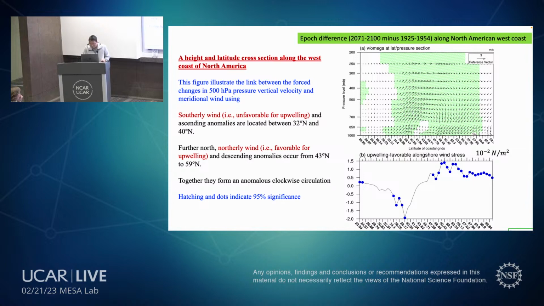These blue dots mean upwelling favorable alongshore wind stress decreases significantly near, I believe, the California coast, but in the north the upwelling wind stress increases significantly. Above, we can see anomalous ascending motion near the California coast and descending motion in the north.